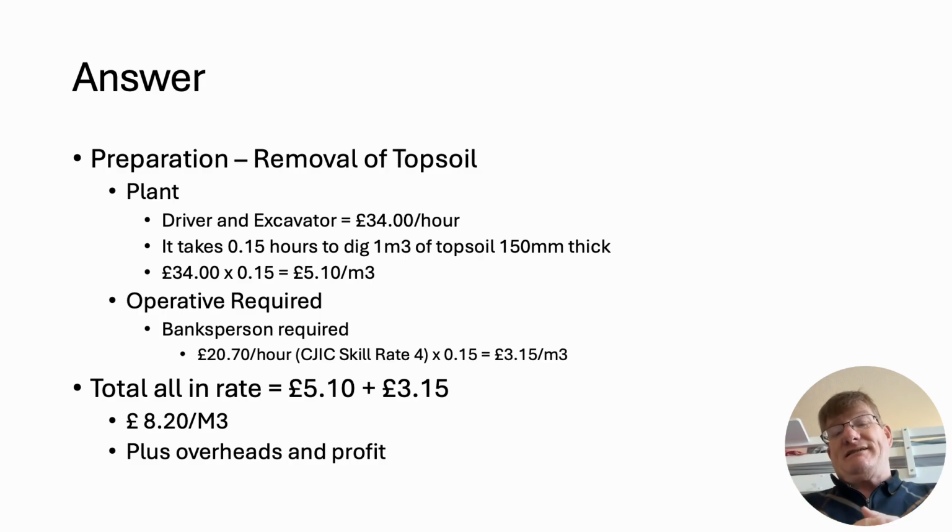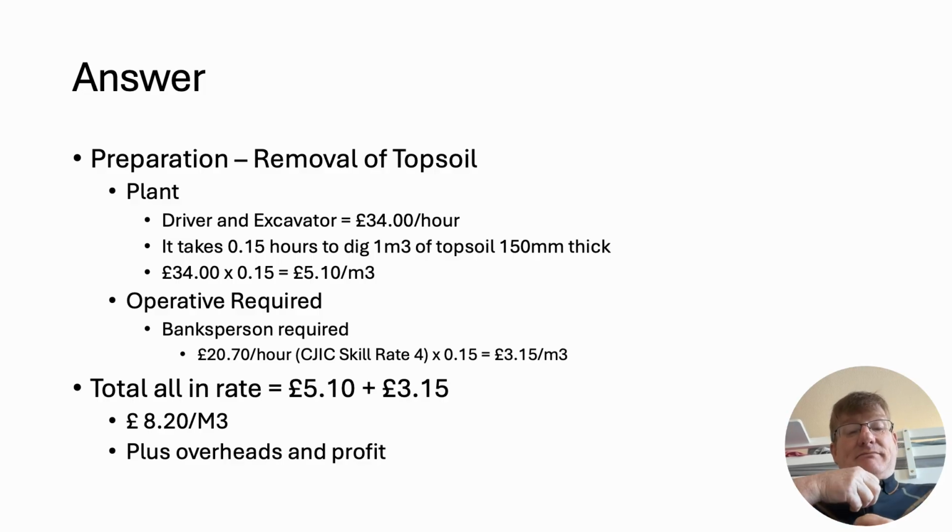It's a requirement under the CDM regulations. He or she cannot work any faster than that machine. So again, you just multiply it by 0.15. So £20.70 times 0.15 gives you £3.15. And all you do is add them together. And that gives you £8.20 a metre cubed.